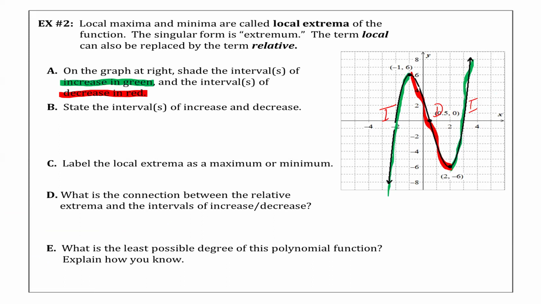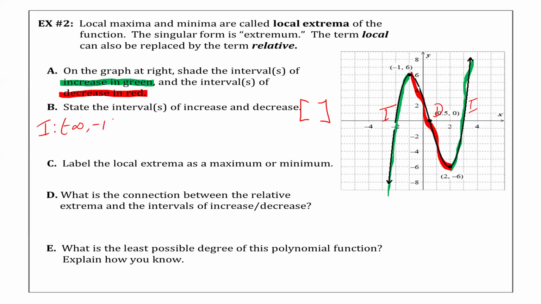Okay, so now we've already done this, and we said when we're stating intervals of increase and decrease, we use intervals, and for numbers we're going to use brackets. The only thing we can't use a bracket with is infinity. So when we state our interval of increase, where are we increasing from? Good job.